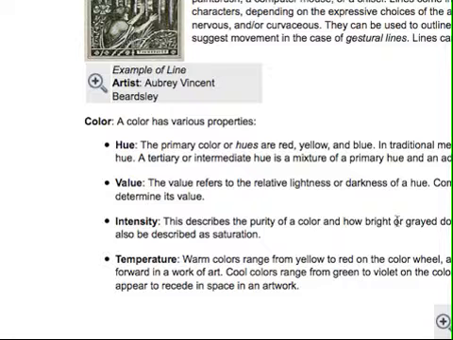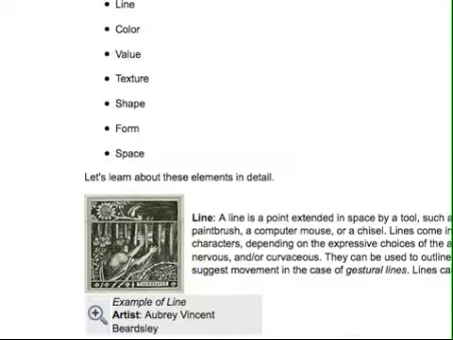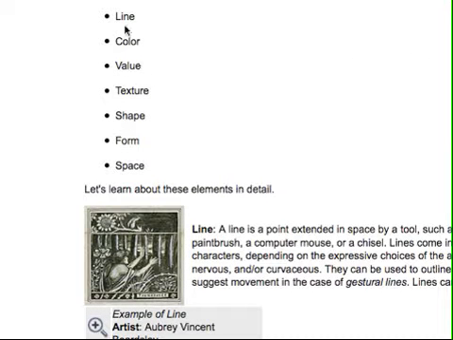Okay, so go through these, but as we talk about them, you don't have to refresh your mind right now. I'm going to pull this up just so we'll have it in mind. We're going to look at line, color, value, texture, shape, form, and space. Now, a little FYI, shape and form are essentially the same thing, except that shape happens on a 2D surface and form is three-dimensional.